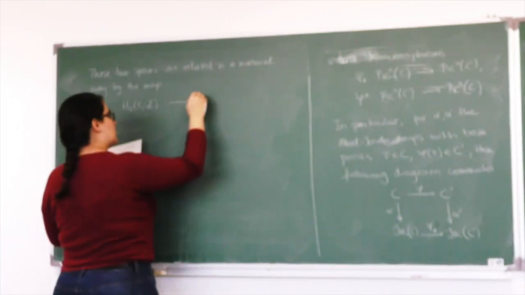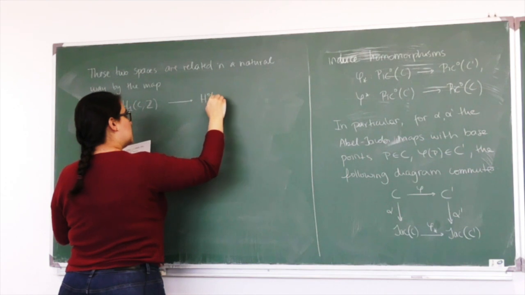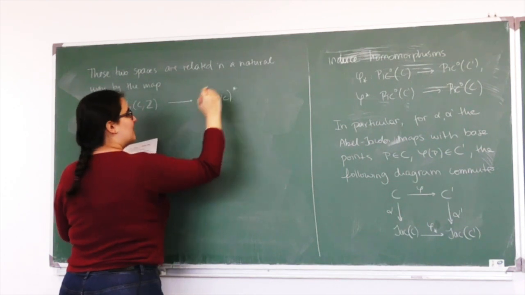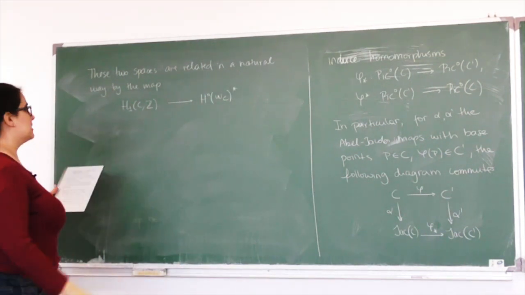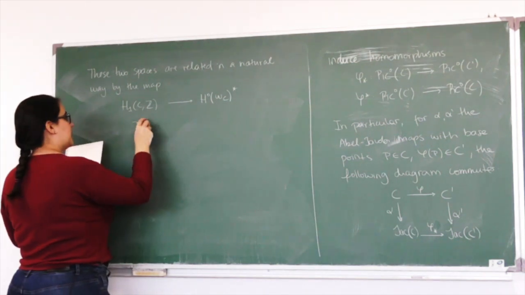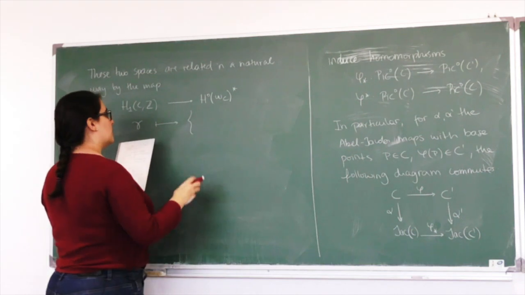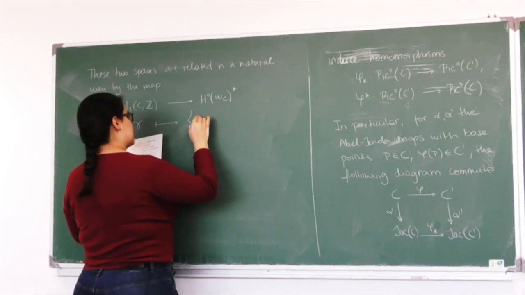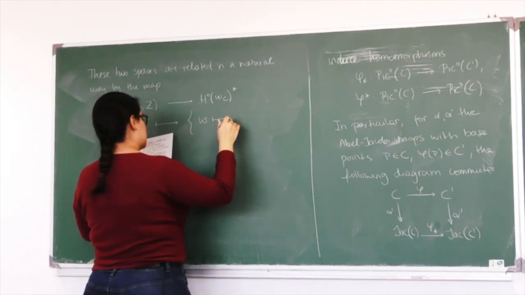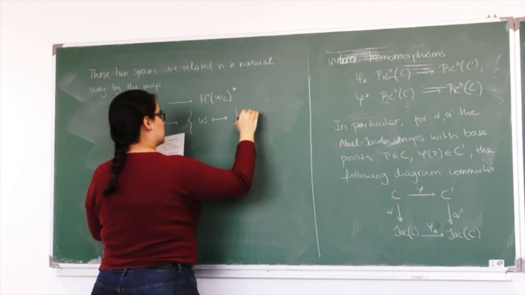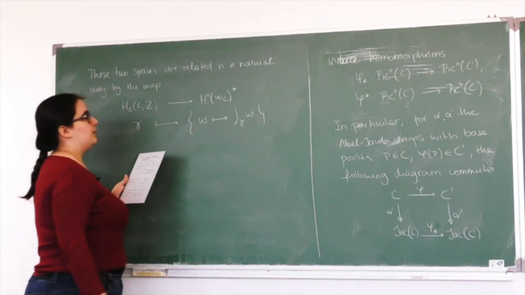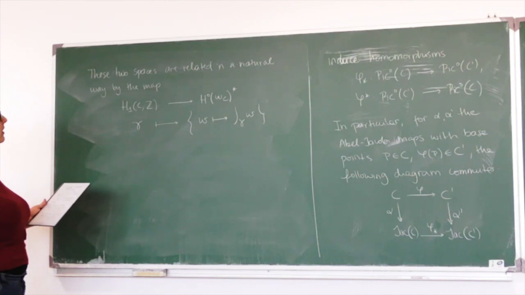From the first homology group, we go to the dual of the space of holomorphic differentials, and we do so by taking a path and mapping it to the morphism that takes a differential and computes the integral with the path.